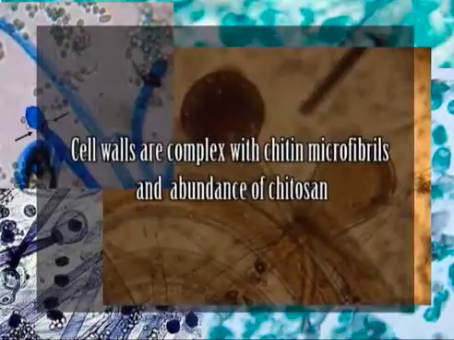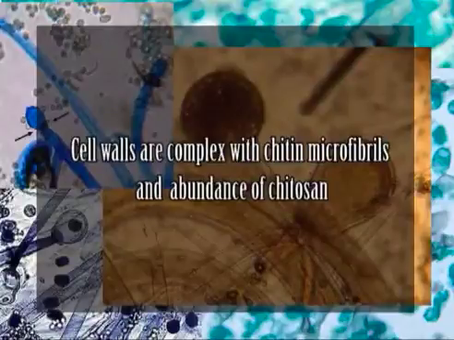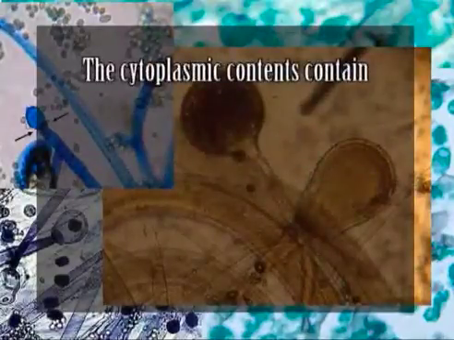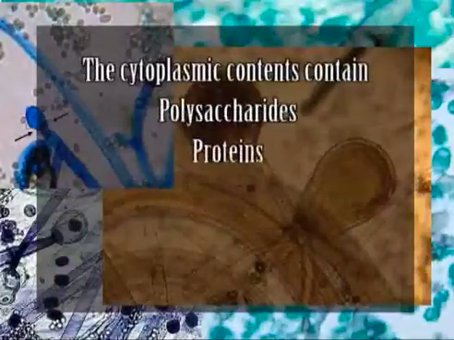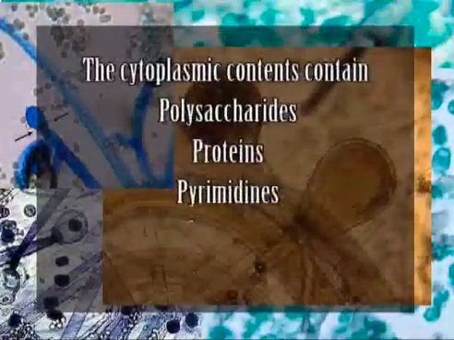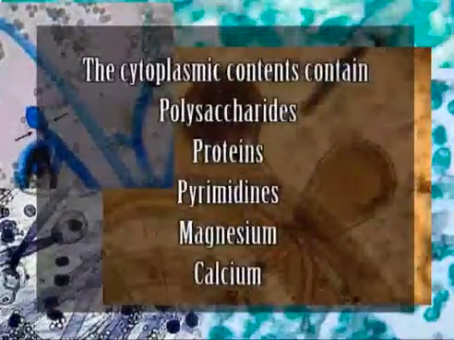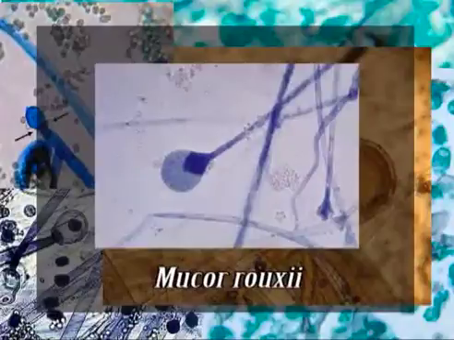Cell walls are complex, with chitin microfibrils and an abundance of chitosan. The cytoplasmic contents contain polysaccharides and proteins, and magnesium and calcium have also been detected. It was in Mucor rouxii that chitosomes were reported for the first time.